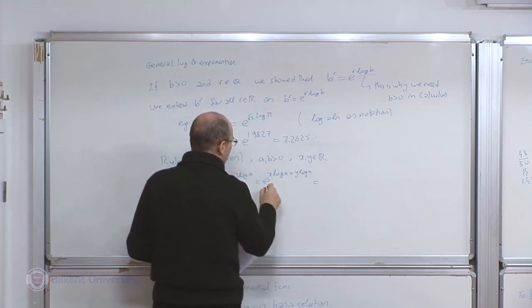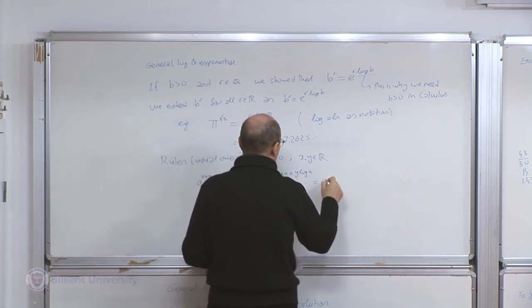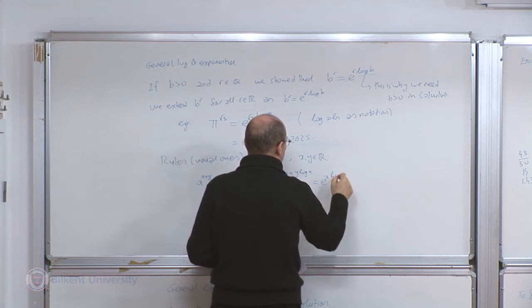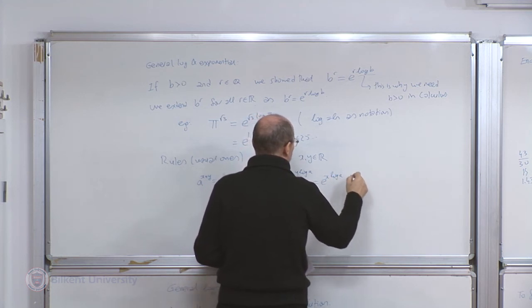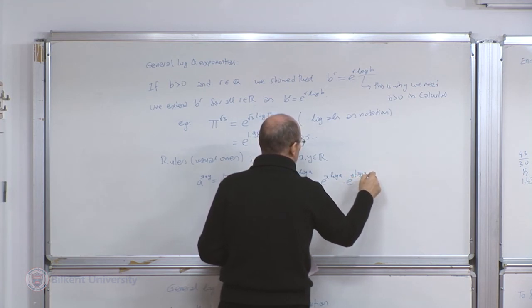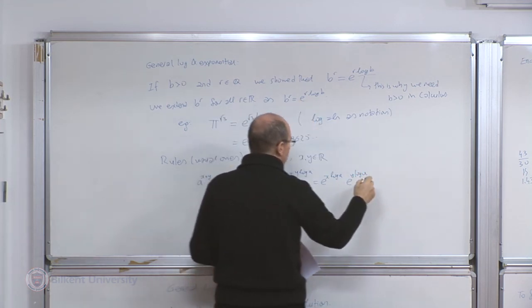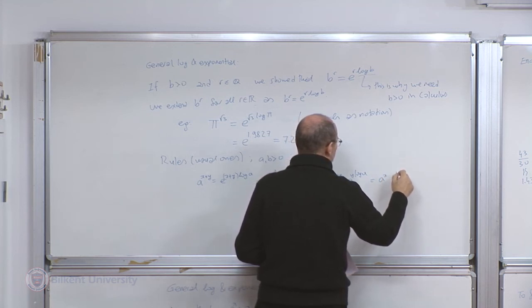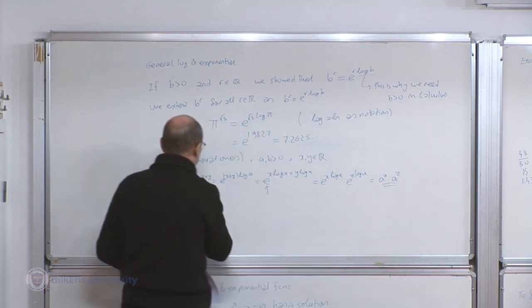Now, from the property of the natural exponential, I can write this as e to the x log a times e to the y log a. Now I again use this formula. This is a to the x times a to the y. So we were expecting this.